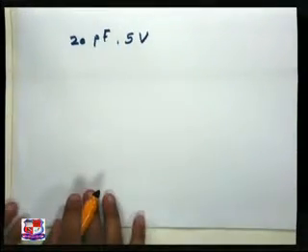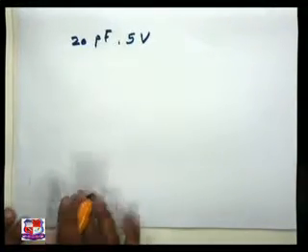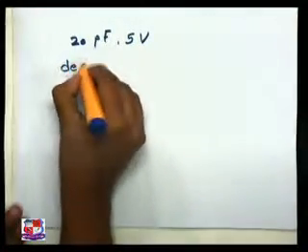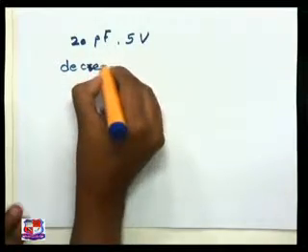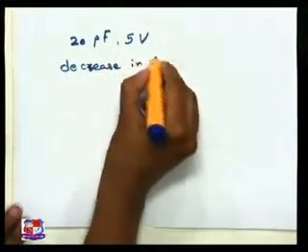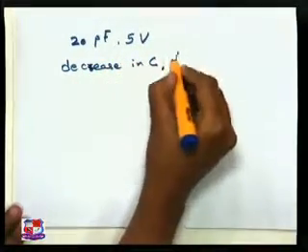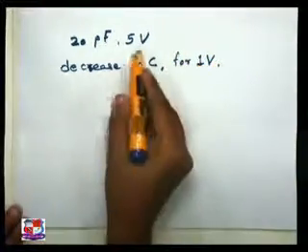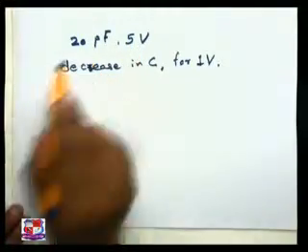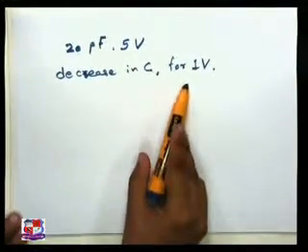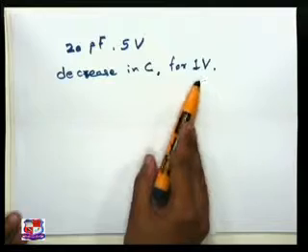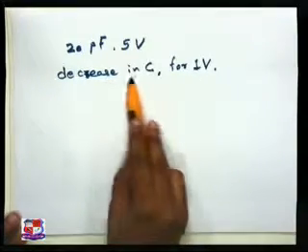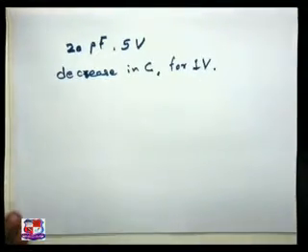Now we will have to compute the decrease in capacitance for 1 volt. Say at 5 volt we are getting 20 picofarad. Now if we increase the biasing by 1 volt, what will be the decrease in capacitance? That we have to find out.